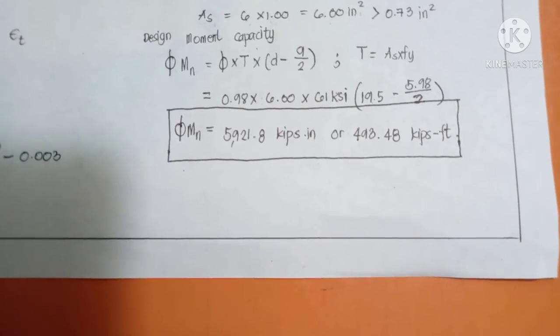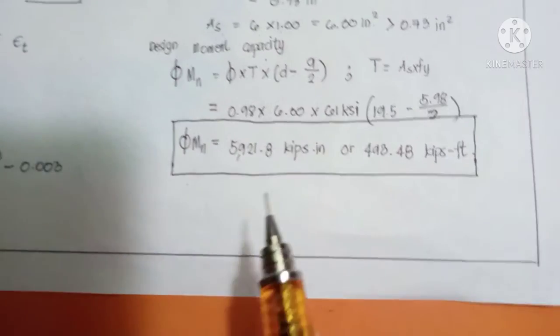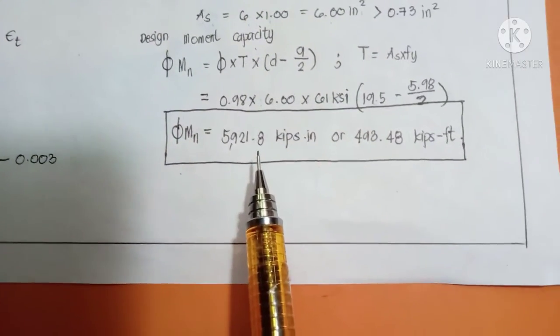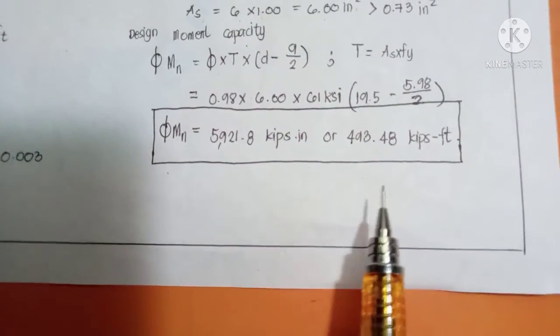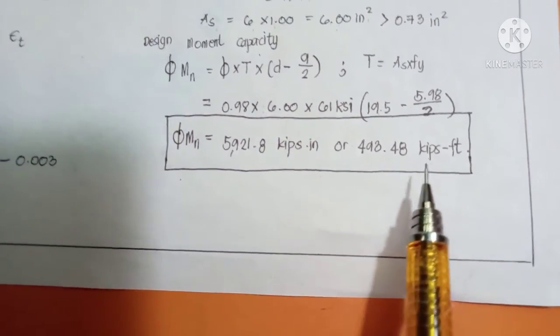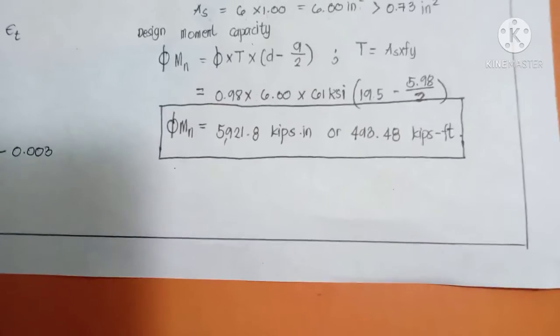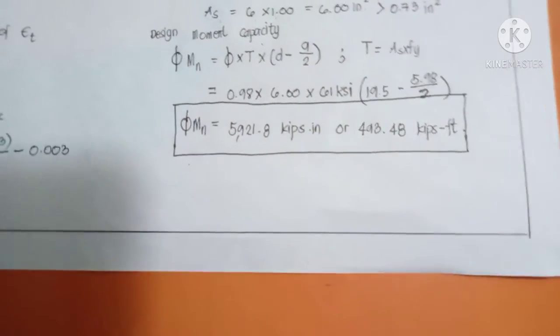So we come up with the moment capacity of 5,921.8 kip-inch, or 493.48 kip-feet. So this is now our final answer.